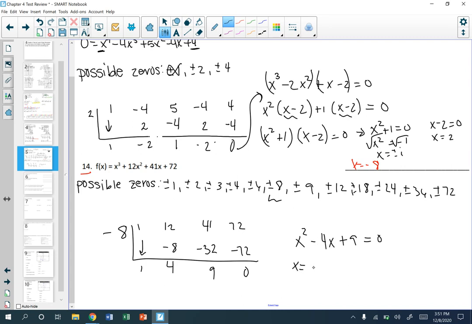All right, which is -b plus or minus the square root of b squared minus 4ac all over 2a.